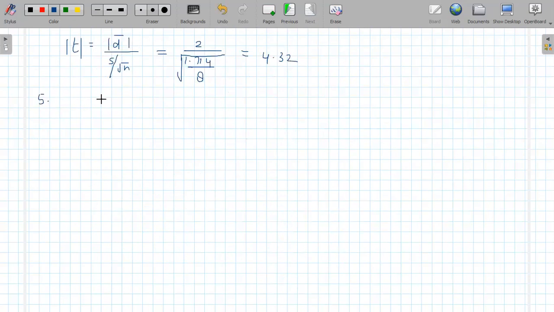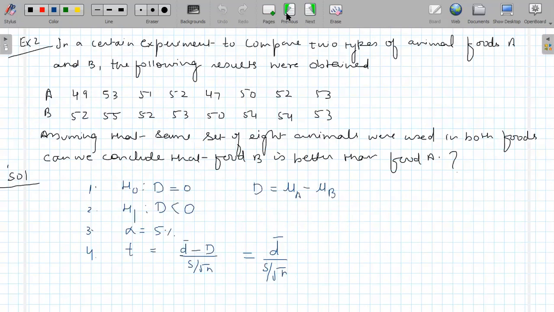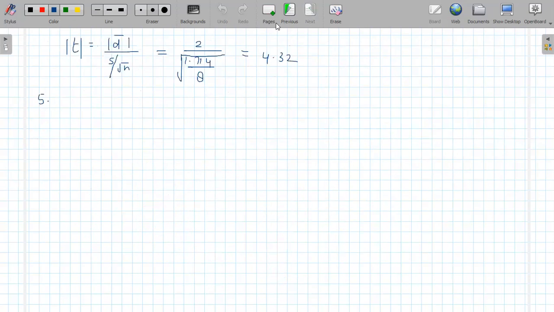Fifth step is the critical value of t. Because D is less than 0, this is a left tail test. So the left tail area is 5%, and here t is 0.